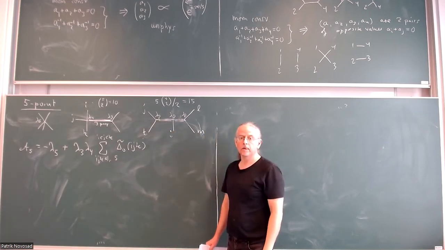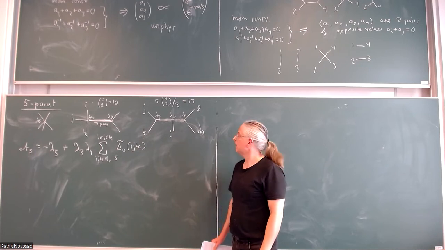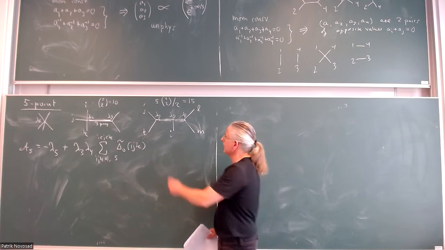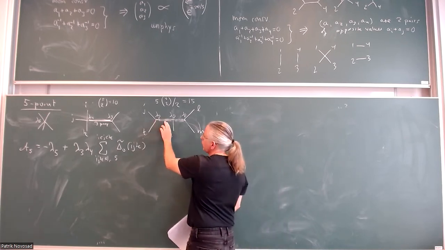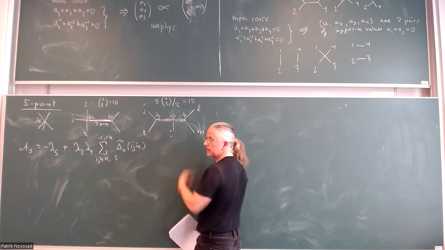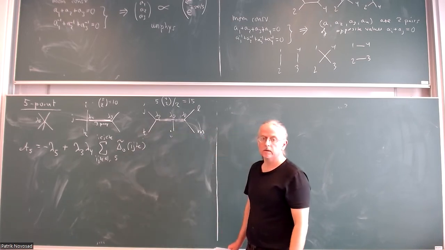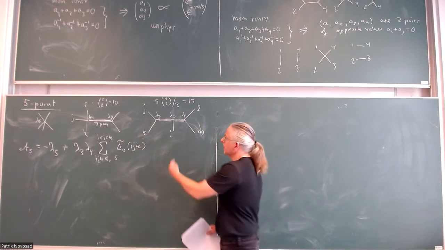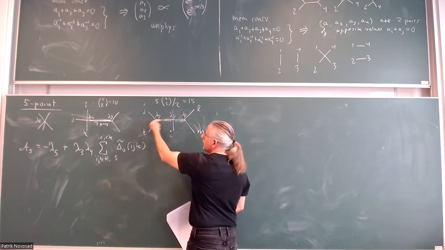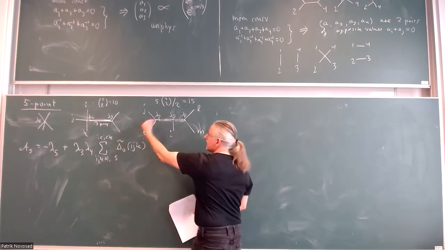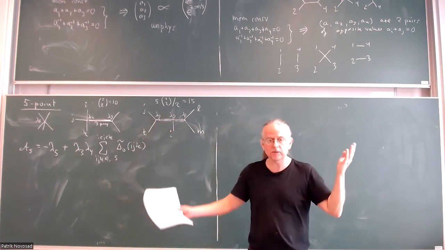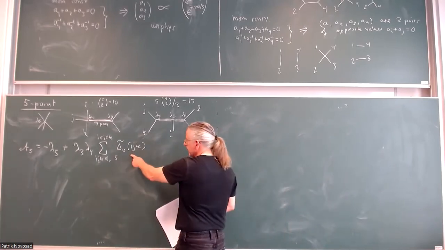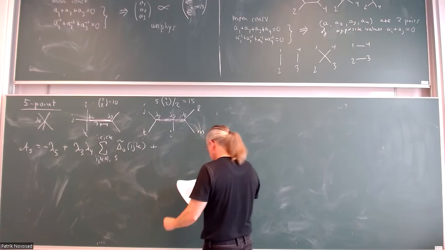Could you write it at the middle vertex? No, I cannot do that, because I have to divide into what's on one side of the propagator and what's on the other side of the propagator. I'm talking about what flows through the propagator. Whatever flows in must flow out. There's total momentum conservation. Okay, so this is this diagram, and then the last diagram.